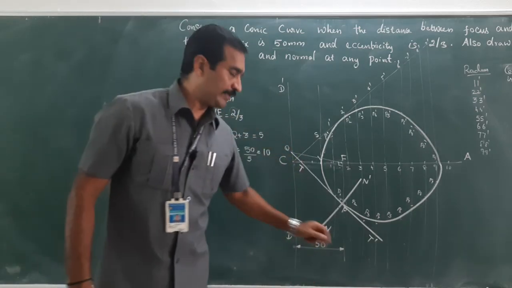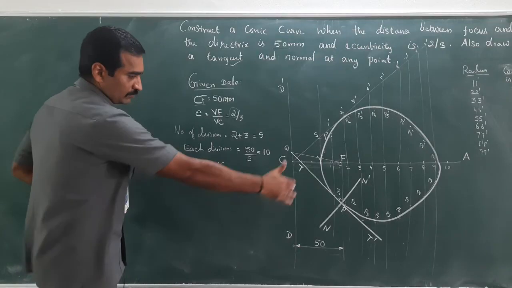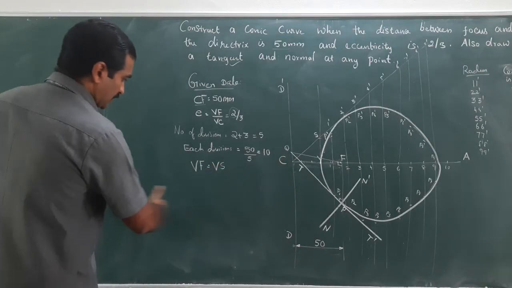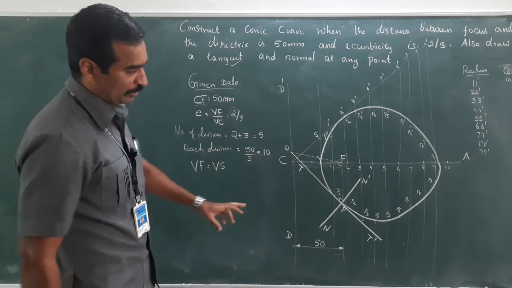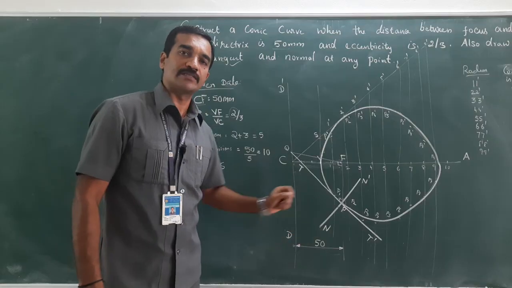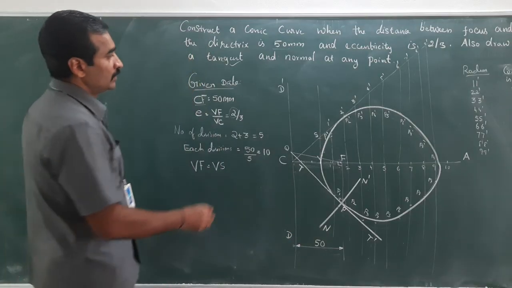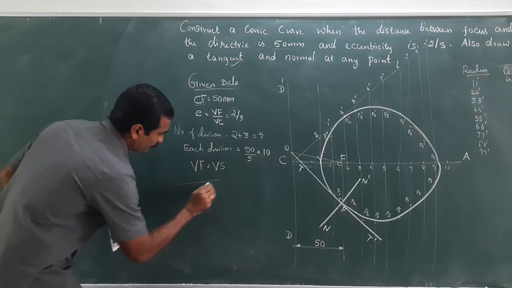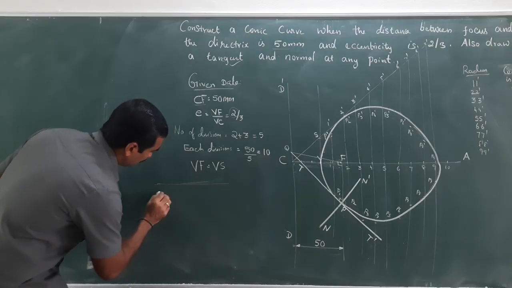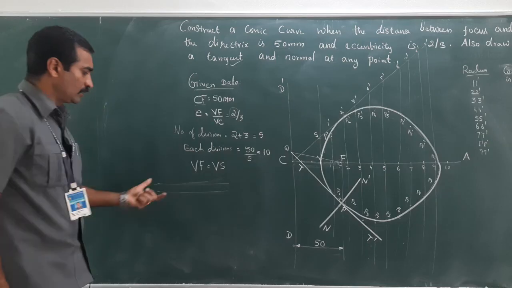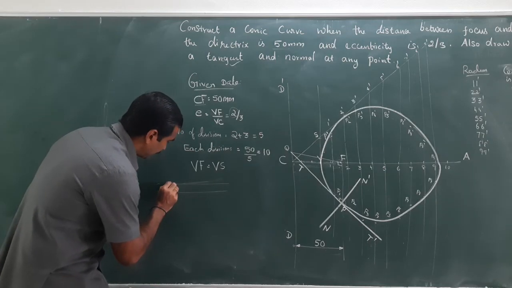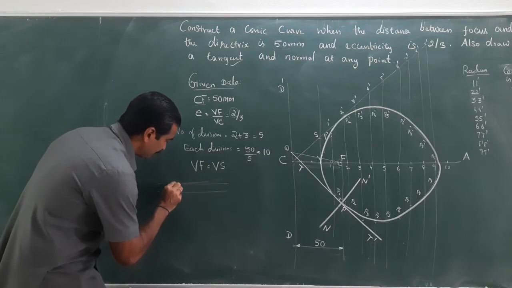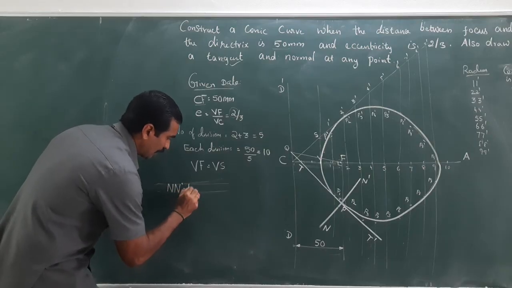Need not mention mm here, because I am going to give the unit of this dimensioning under the guidelines by giving a title. Before that, let me draw a guideline. It should be a thin line of height 5 mm. And mention N dash, normal.